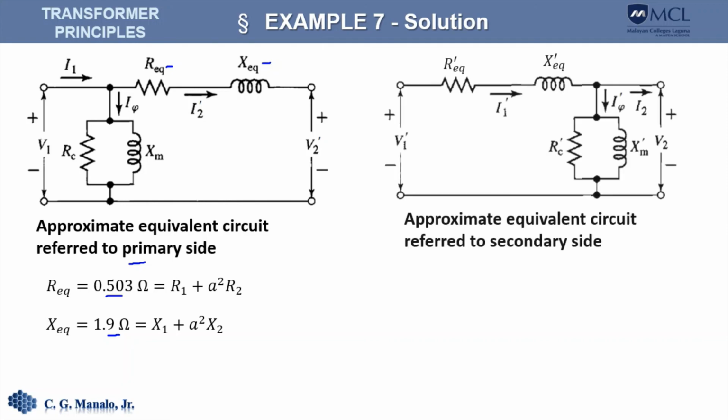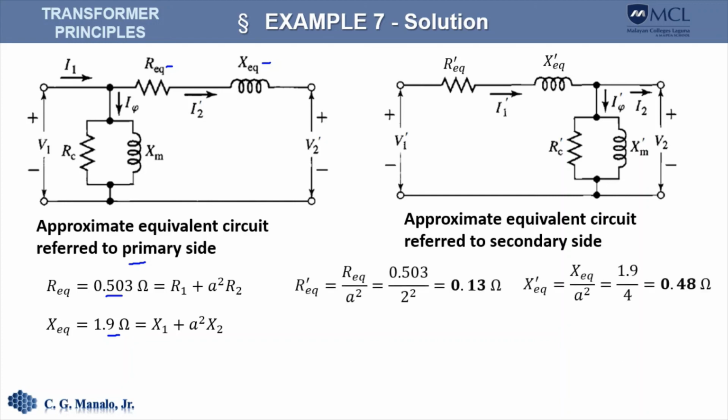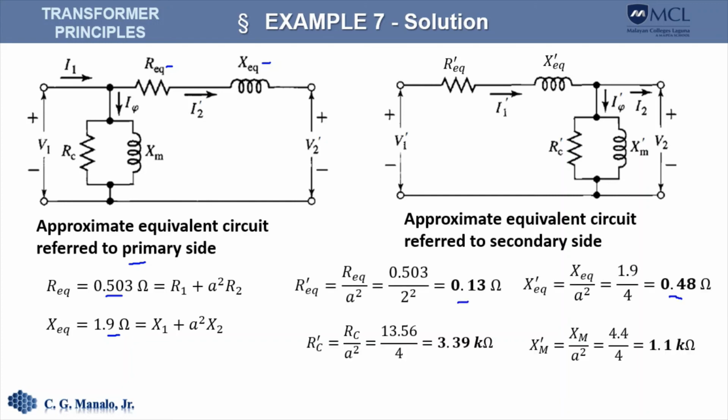So this is the equivalent circuit, and these are the values of the parameters. Req prime is 0.13 ohms and Xeq prime is 0.48. R sub C prime is 3.39 kilo ohms, and X sub M prime is 1.1 ohms.